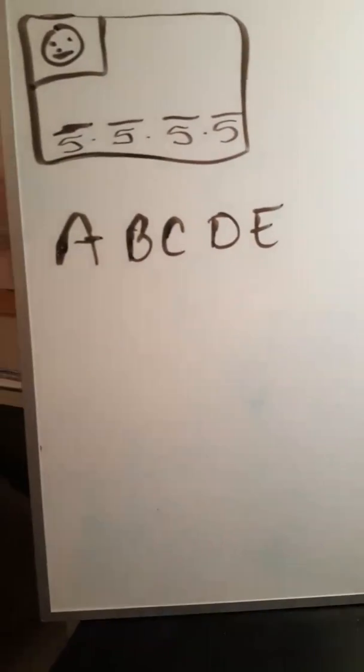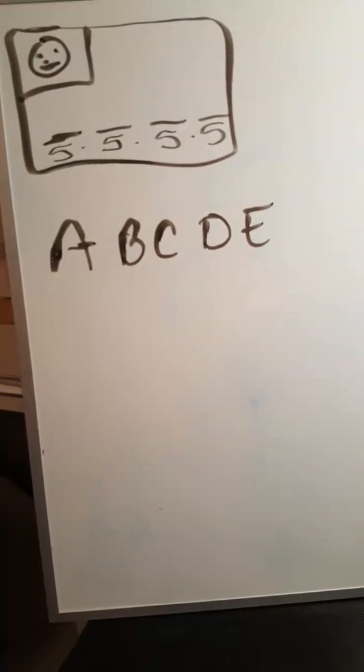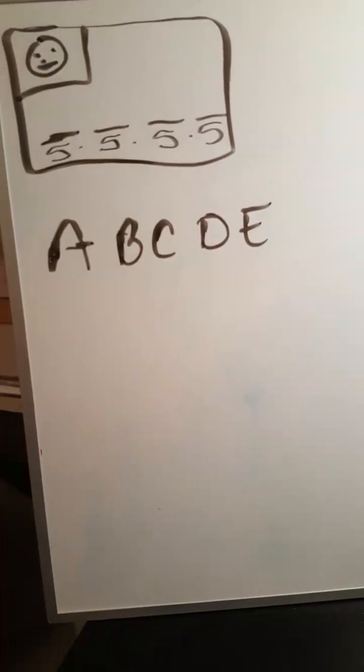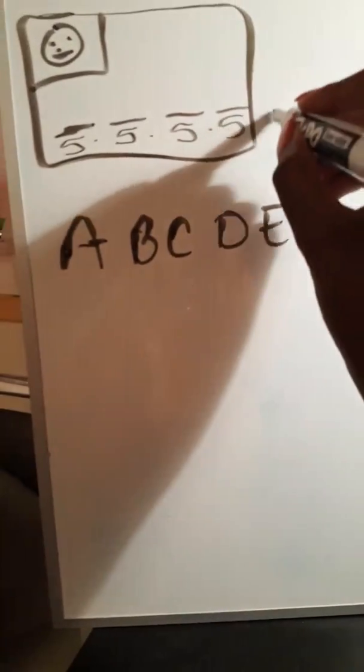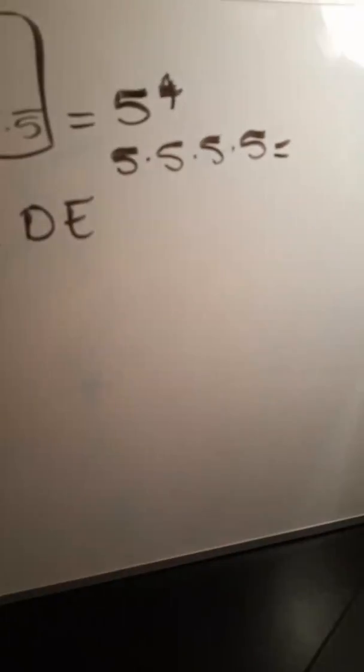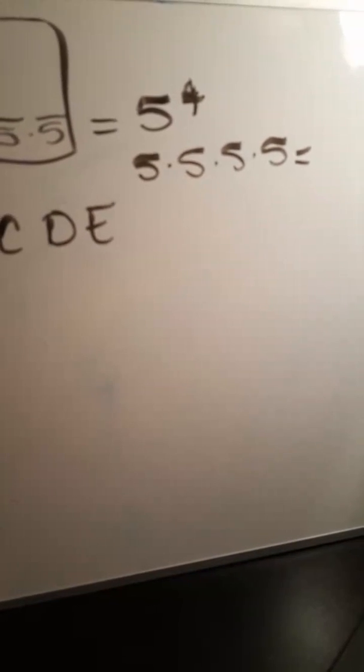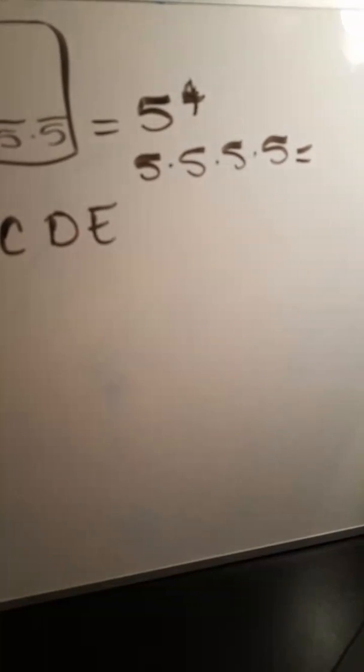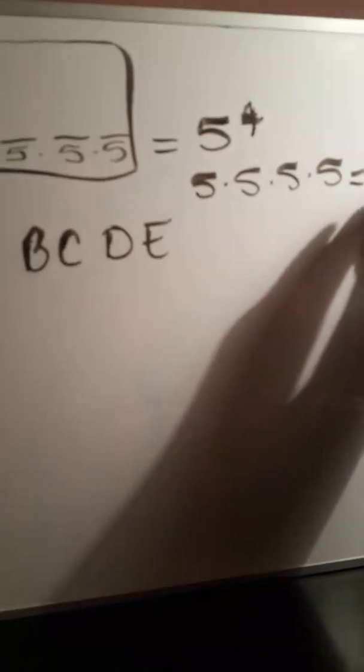So that's only if the letters or the object that you're working with are able to be repeated. So technically, this gives us 5 to the 4th power. So that's 5 times 5 times 5 times 5. 5 times 5 is 25 times 5, which is 125, times 5, which is 625.